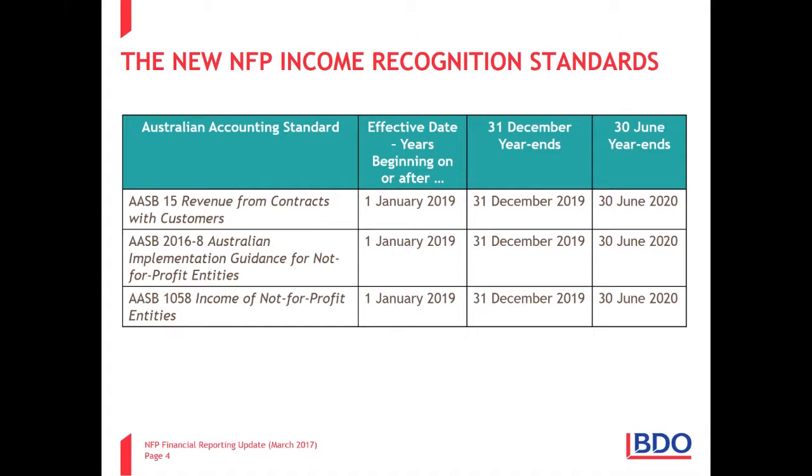It will only be AASB 15, and then it would also be AASB 1058. However, in the interim, we've got three standards, and I'll have to explain that. In the interim, we've got that middle standard, AASB 2016-8, Australian Implementation Guidance for Not-for-Profit Entities. Now, why would I say in the interim we have that third standard?